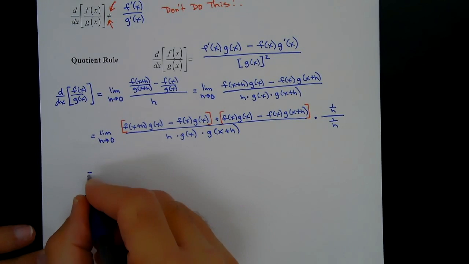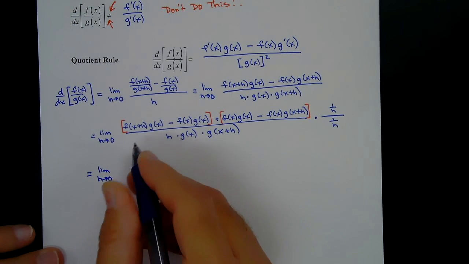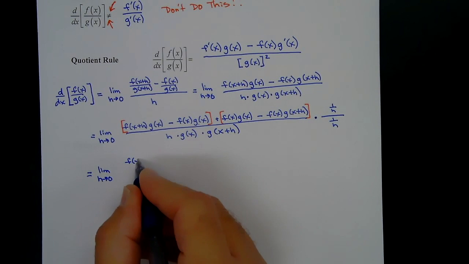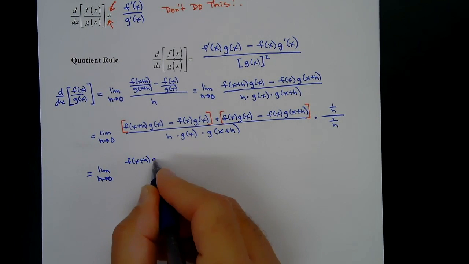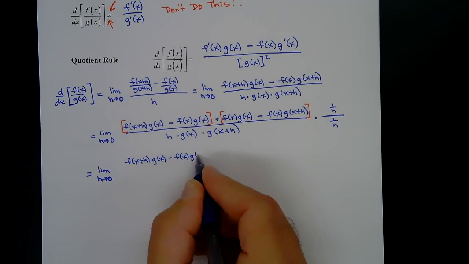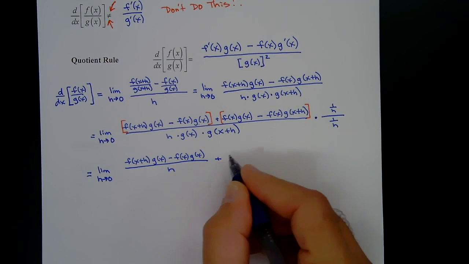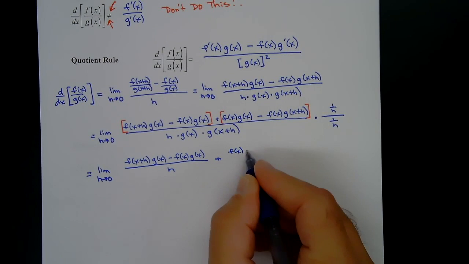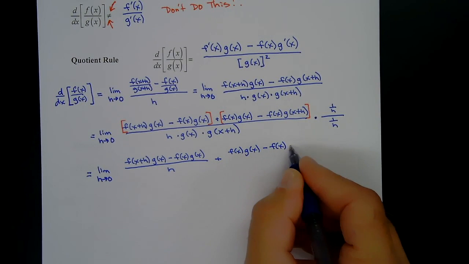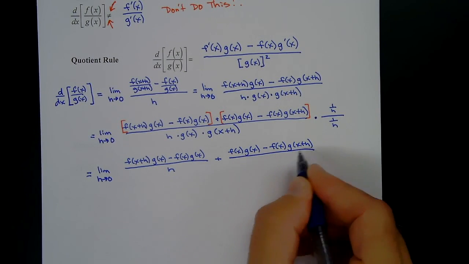So that makes this become the limit as h approaches 0 of, and I'm going to put this one over the h, so f of x plus h g of x minus f of x g of x over h, and then plus f of x g of x minus f of x g of x plus h over h.